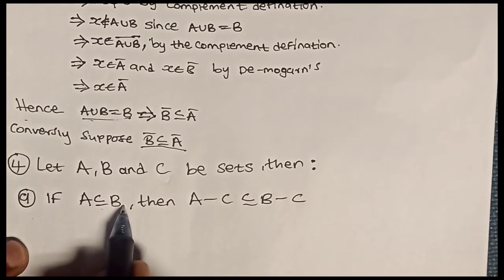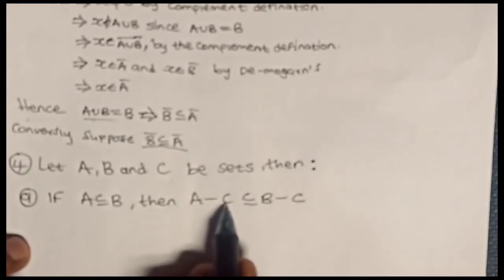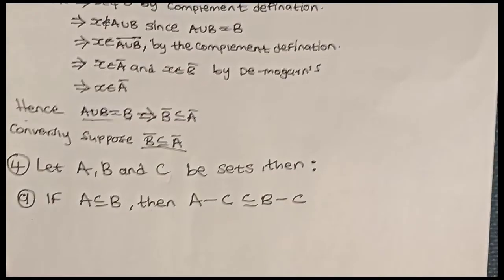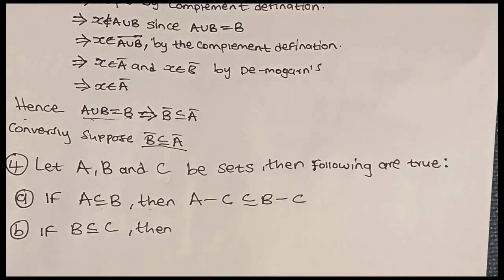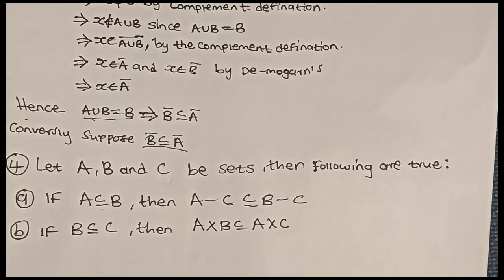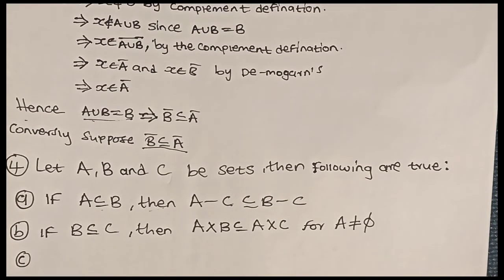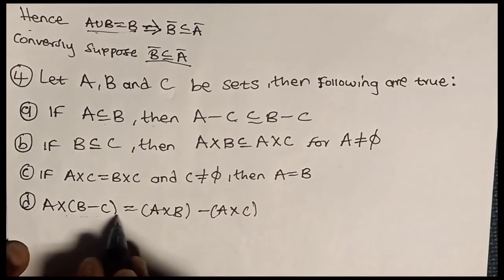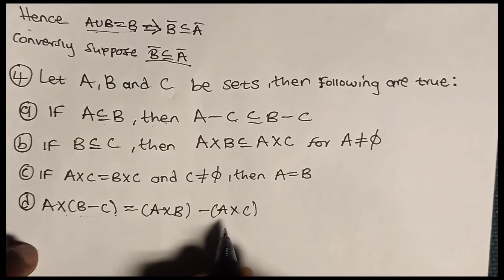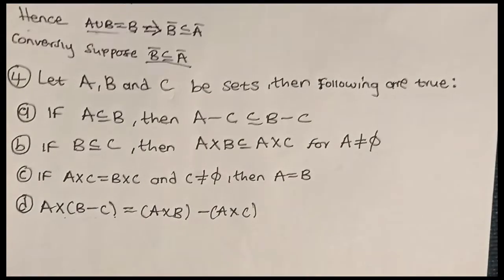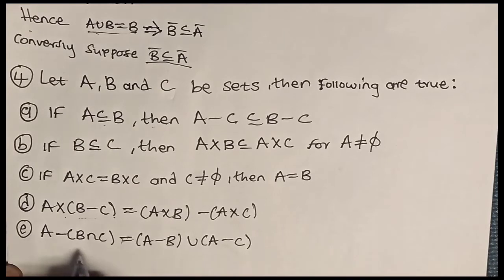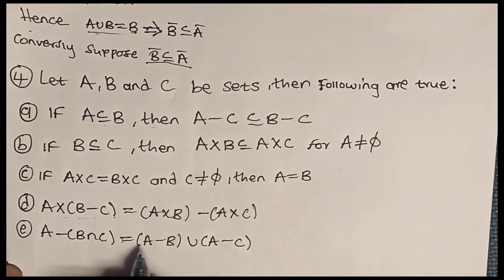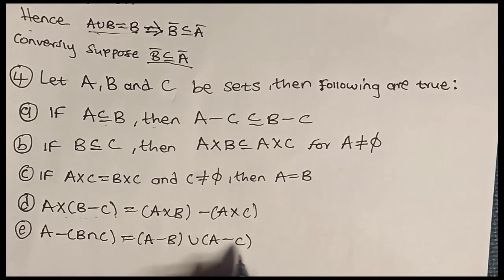If A is a subset of B, then A minus C is a subset of B minus C. If B is a subset of C, then A cross B is a subset of A cross C. For A not empty, if A cross C is the same as B cross C and C is not empty, then A equals B. A cross (B minus C) is the same as A cross B minus A cross C. A minus (B intersect C) is the same as (A minus B) union (A minus C).